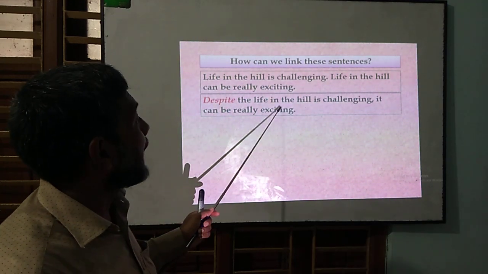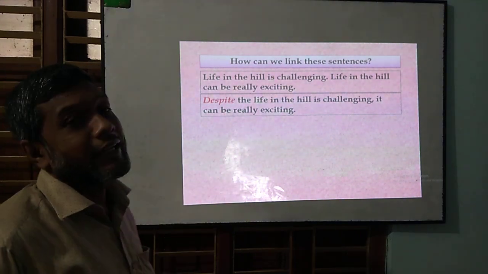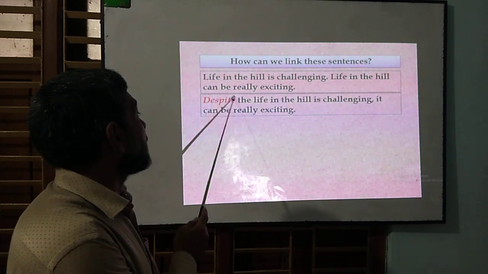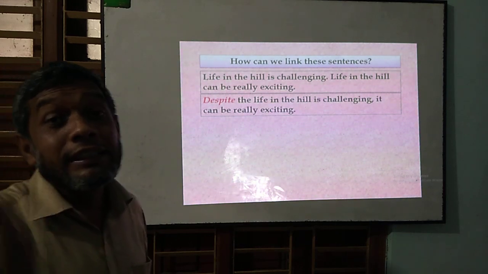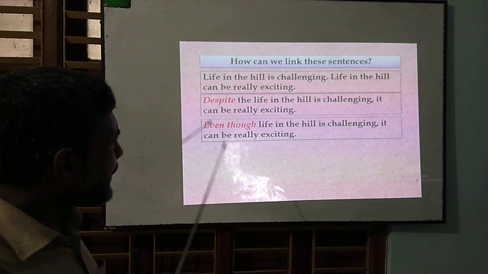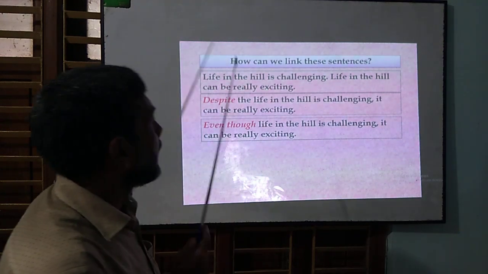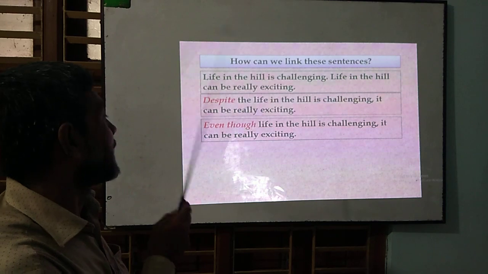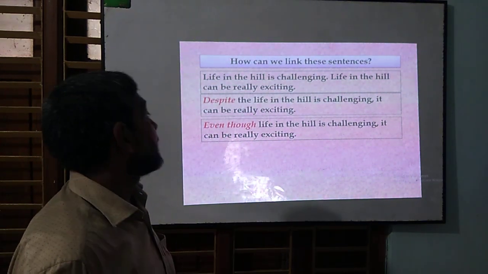So: Despite the life in the hill being challenging, it can be really exciting. Now these 2 sentences have come together only by using this connector. So this is the way to use connectors. Another student may connect these 2 sentences another way: Even though life in the hill is challenging, it can be really exciting.